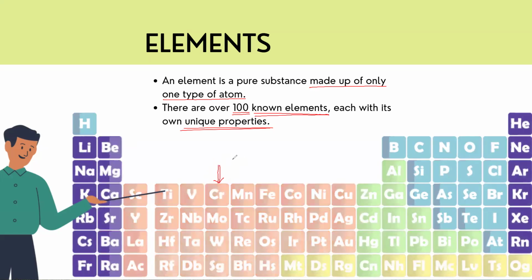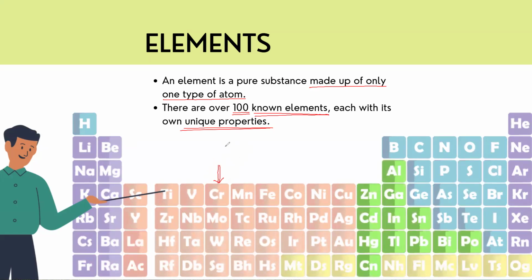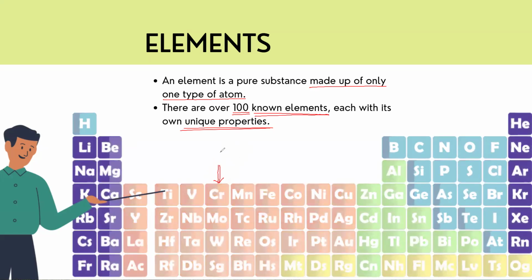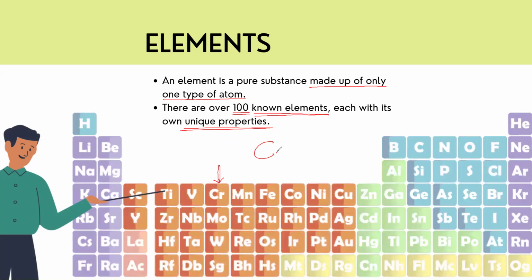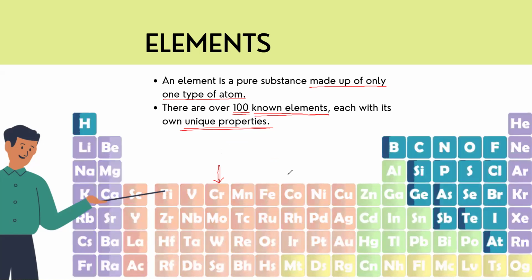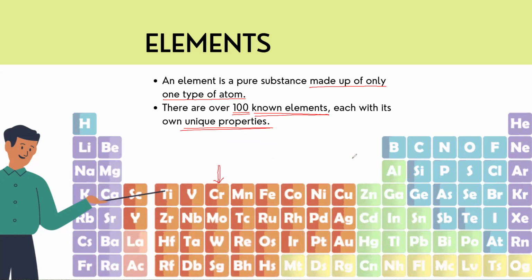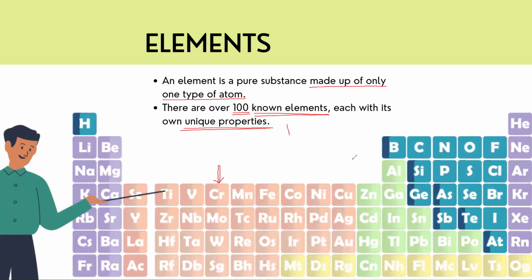Yes, sir. I can see it now. What's the name of the element? I think it should be chlorine. No, chlorine is Cl. This is Cr. What's it? I don't really know it, sir.